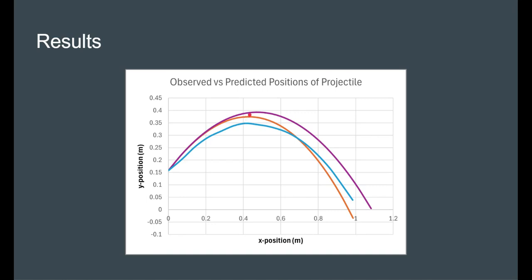Presumably this is just because the initial velocity that I inputted into the code wasn't quite right, because I was too imprecise with the data that I was able to collect from just those first two positions and extrapolating from there.